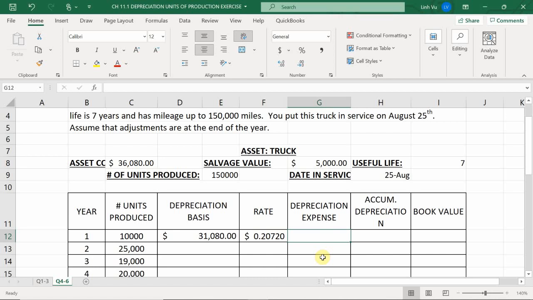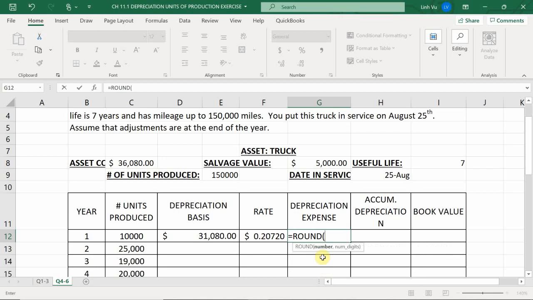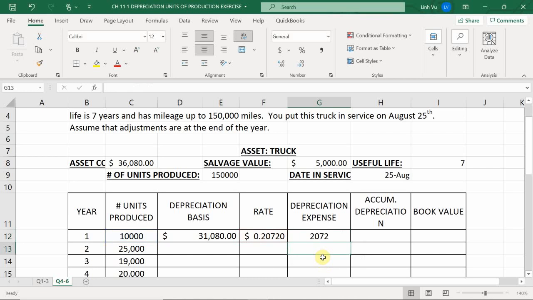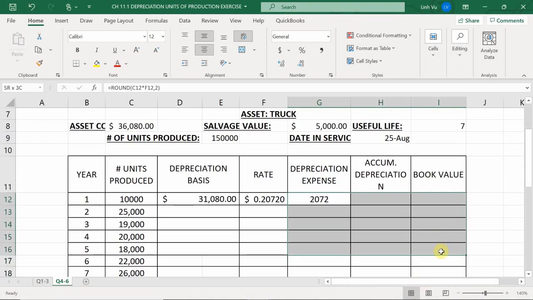If I drove 10,000 miles for the first year, how much is my depreciation expense? 2,072. So then what's my accumulated depreciation for year 1? 2,072.